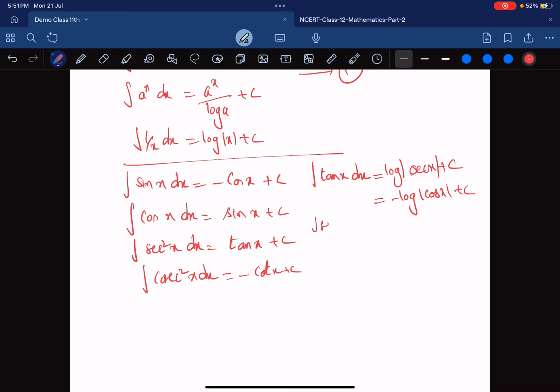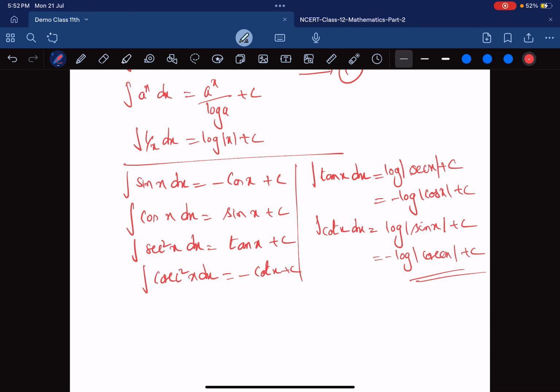Integration of cot x dx is log mod sin x plus c, or minus log mod cosec x plus c.